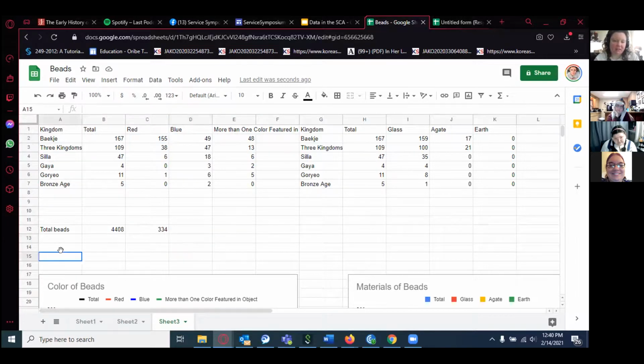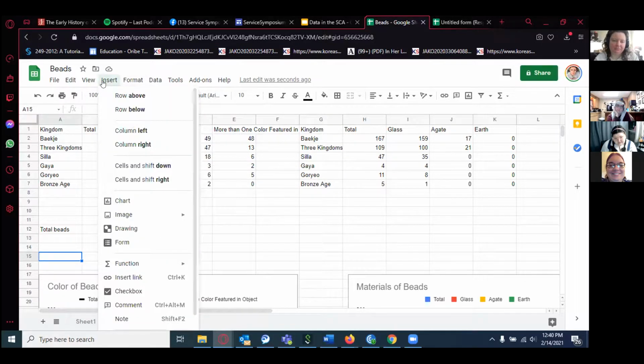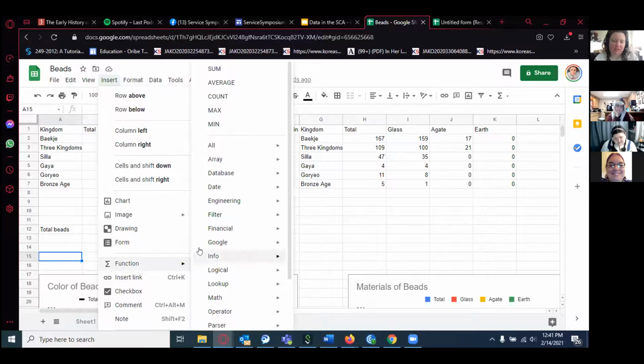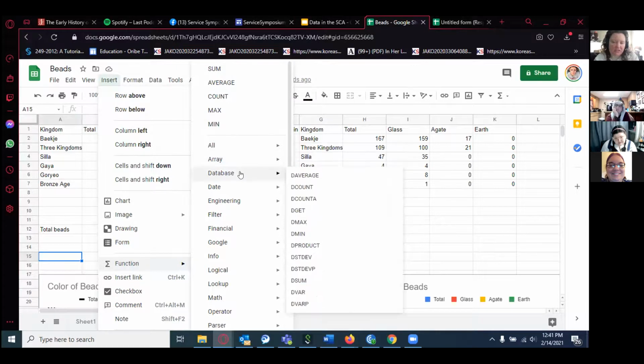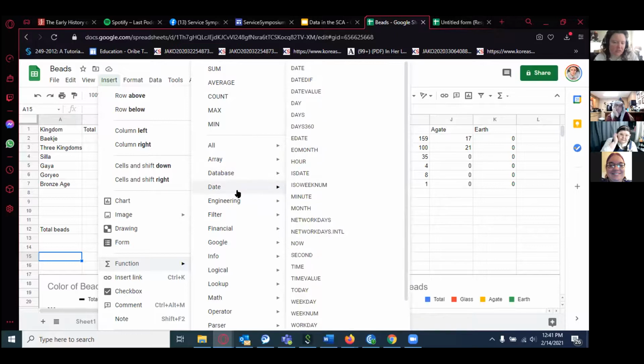Some other things, you can get very creative in this. The functions, you have your sum, average, count, max, and min, which honestly will get you very far in basic analytics. But you can also do arrays, databases, and you can look at dates.